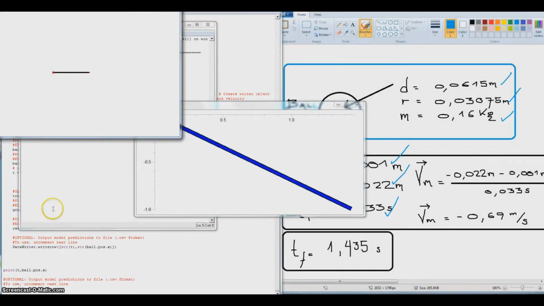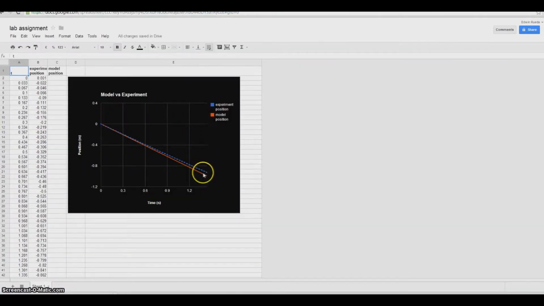When we introduce the obtained data in a spreadsheet and compare with the data obtained in Tracker, we can see a difference between the experiment measure and the model. The little difference between them is because the model calculates a linear motion. We see it in a red line with constant speed.